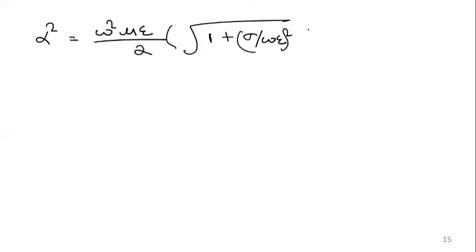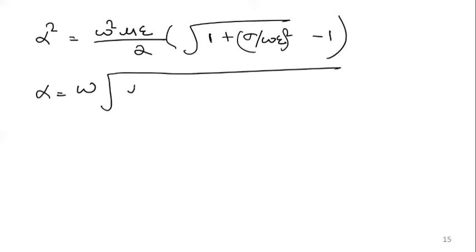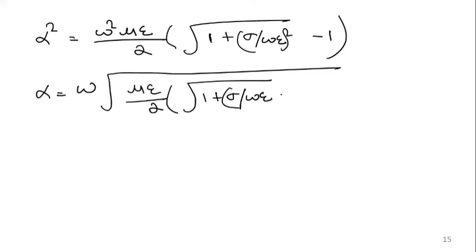It's all mathematical arrangements only, okay? So what will be alpha? Alpha is equal to omega into root of mu epsilon by 2 bracket root of 1 plus (sigma by omega epsilon) whole square minus 1. So that is alpha.